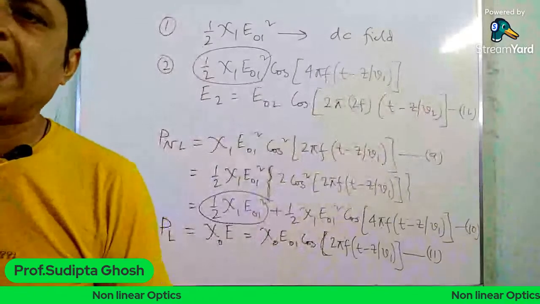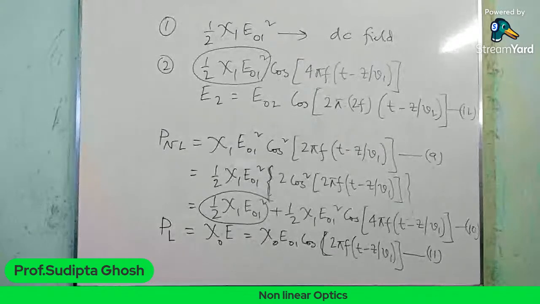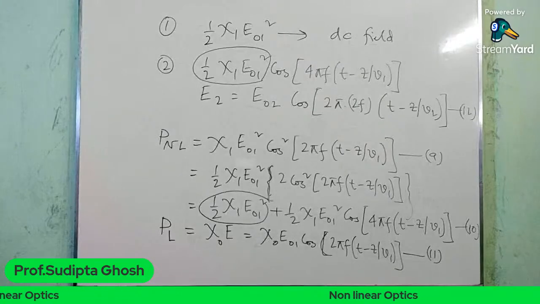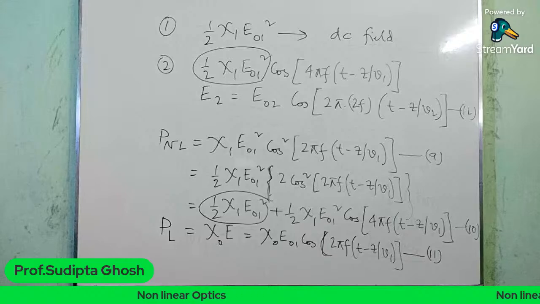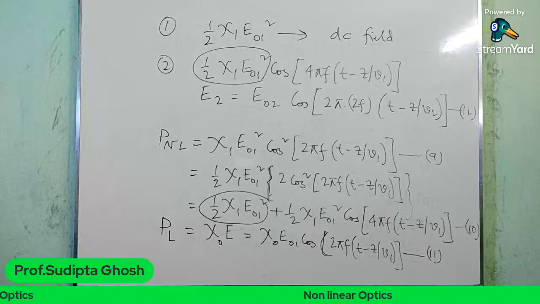So we have come across a secondary light wave, which can be represented by equation number 12. The wave has a frequency of twice f, and the secondary wave has a velocity of v2.